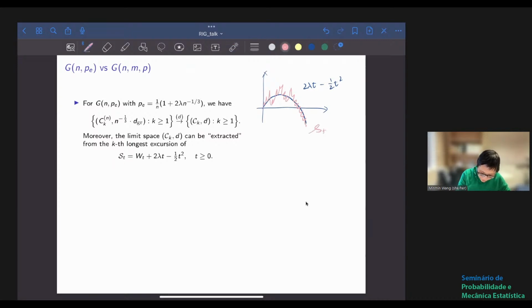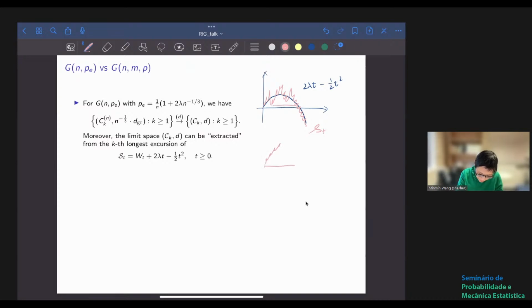You look at the excursions of this S_t above its running infimum. As it turns out, even if there are infinitely many such excursions, you can still rank them in decreasing order of their lengths. So you take the k-th longest excursion, let's say this one.